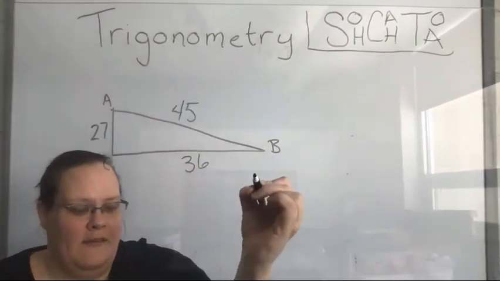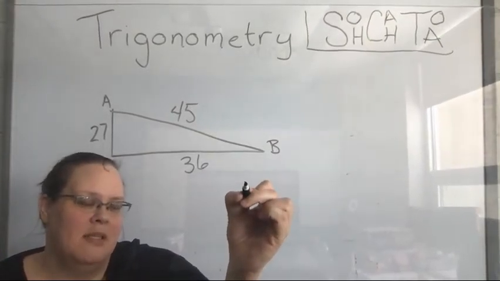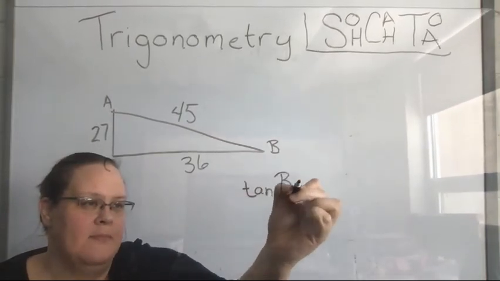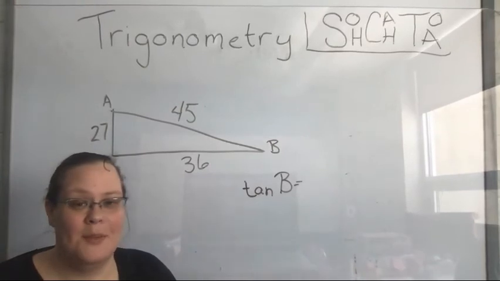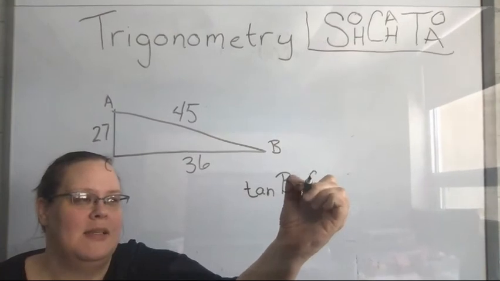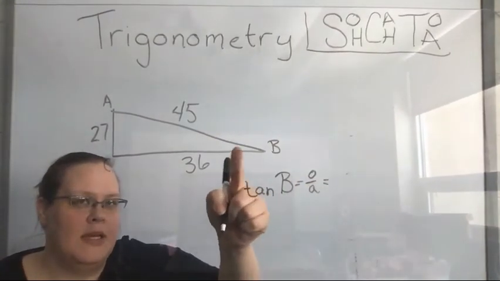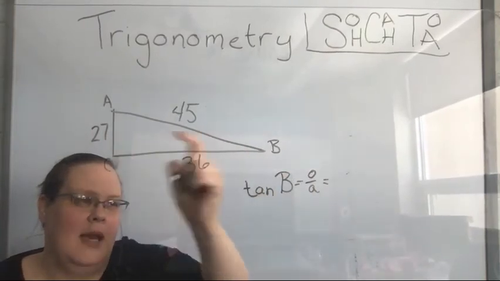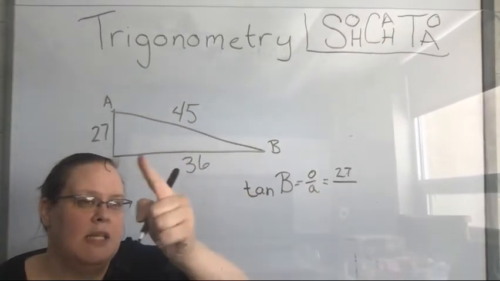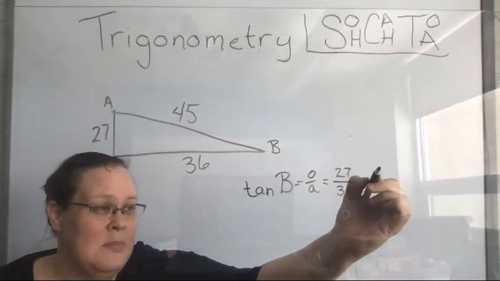So if I want to find the tangent of B, remember from your notes or from this funny word, tangent has to be the opposite over the adjacent. When I look at angle B, my opposite side is 27. My adjacent side is 36. I'm going to simplify this.